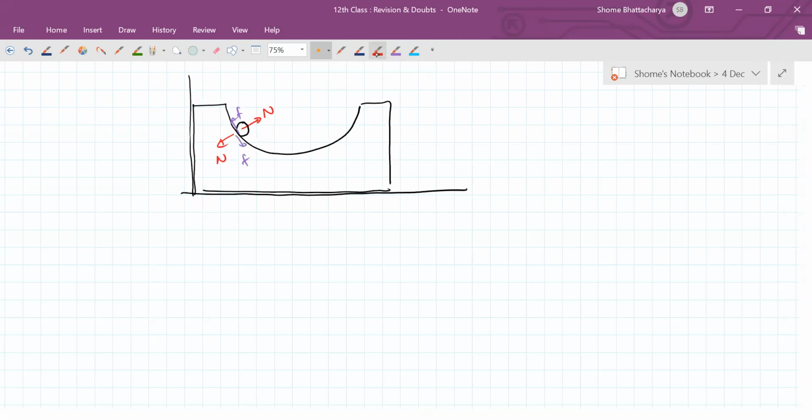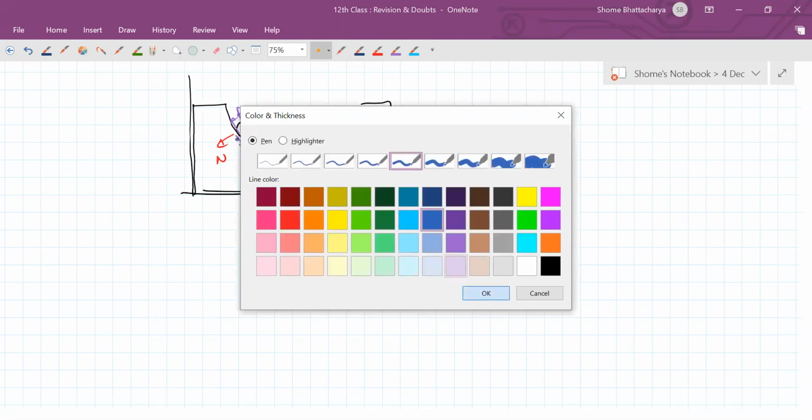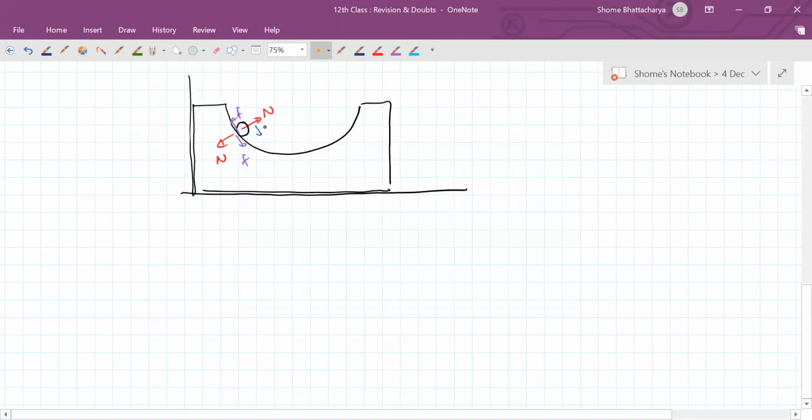And so the sphere will have what we can call a velocity relative to the wedge. Initially the wedge is at rest, so the sphere will have a velocity v like this and an angular velocity omega like this.